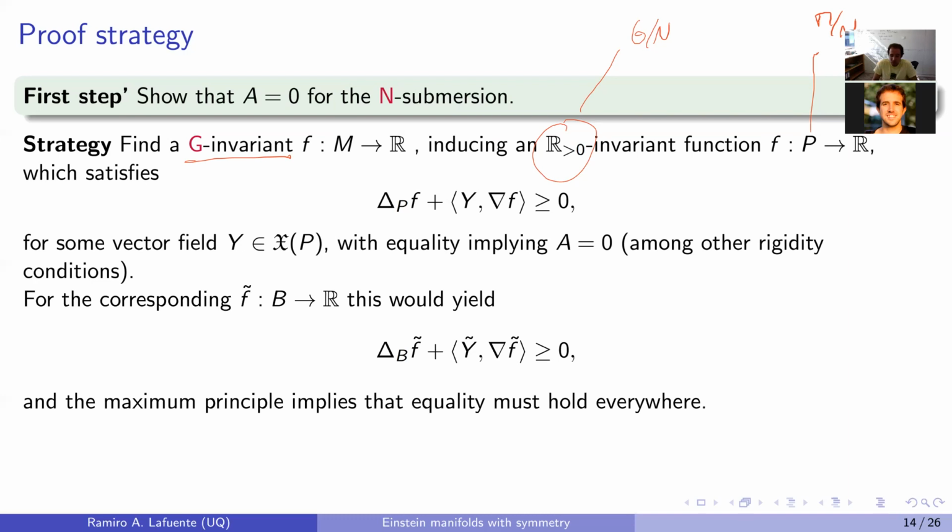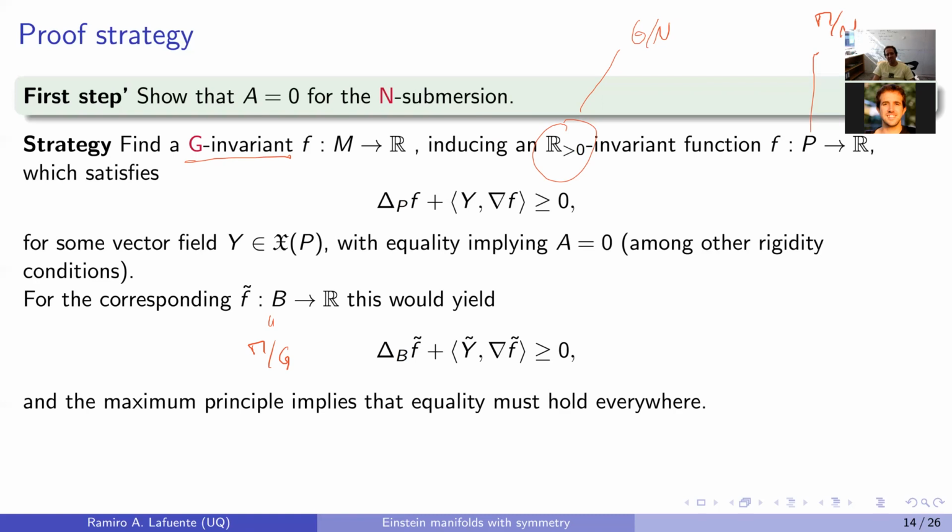So why is this a reasonable strategy? Well, the corresponding function on B: because F is G invariant, it induces a function on the quotient of M by G, which is a compact smooth manifold. And one will obtain an estimate of the form Laplacian of F tilde plus a first order term is non-negative.